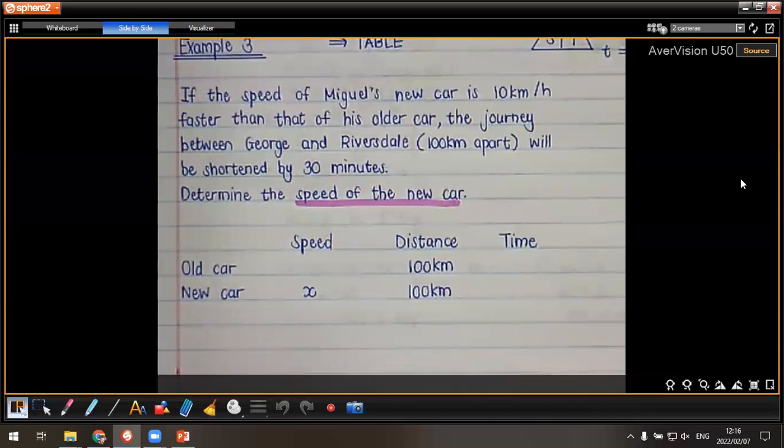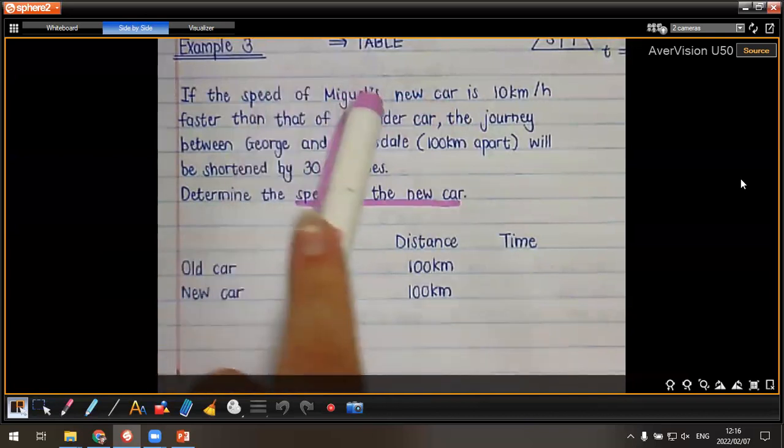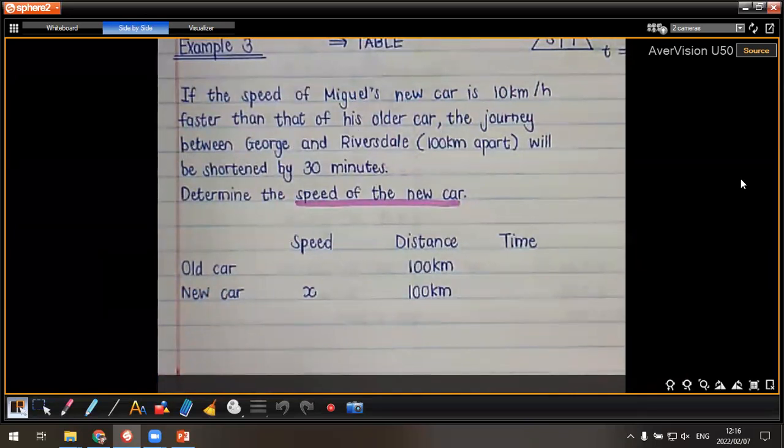Now, what if they tell us about the speed of the old car? Well, they're saying the speed of the new car is 10 kilometers per hour faster than that of his older car. So can I say that the older car is 10 kilometers per hour slower than the new car? Does that make sense? If the new car is 10 kilometers per hour faster, then I can go the other way around.